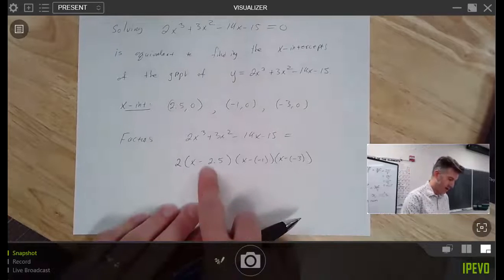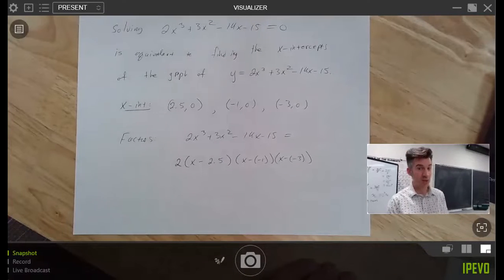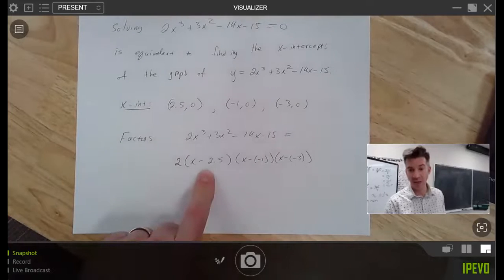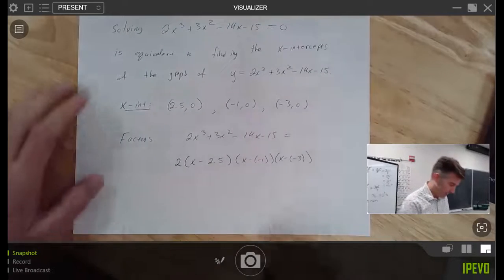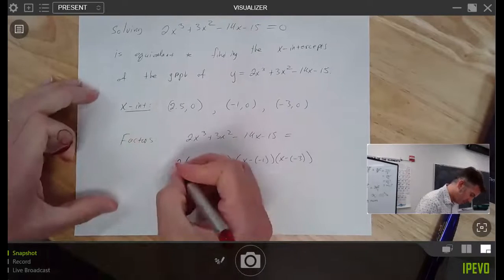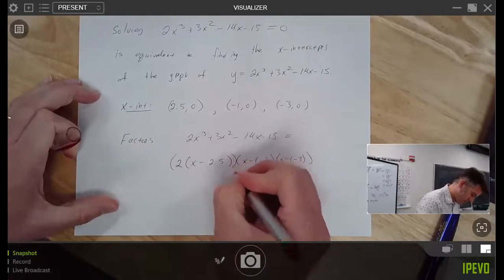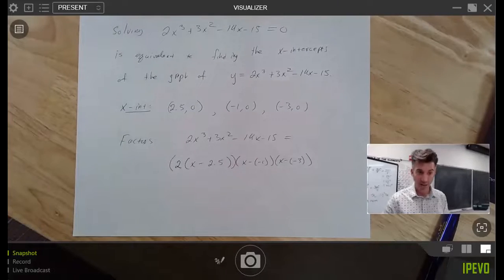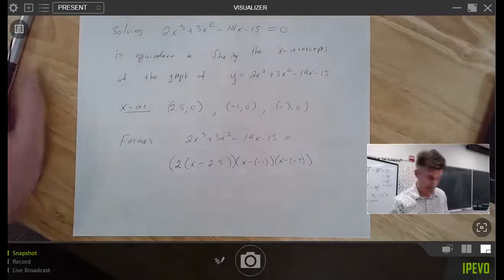Great, we fixed it. Now here's the thing. Of these three factors, which one wants the 2 the most? Well, clearly the one that isn't a whole number. If you do the 2 times the x minus 2.5, you're going to get 2x minus 5.